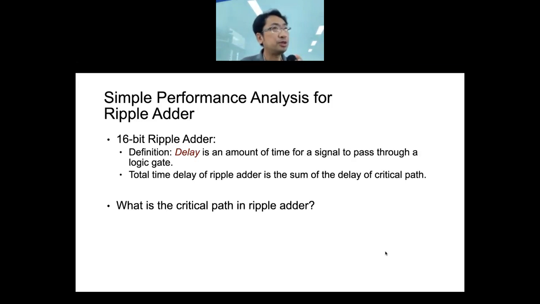But this week, we are going to apply the timing analysis to our circuit so that you can see what the delay is. And today, the definition of the delay is here. It's the time that the circuit takes to get the input signal and then produce the correct output. The question is, what is the delay or the critical path of the ripple adder?